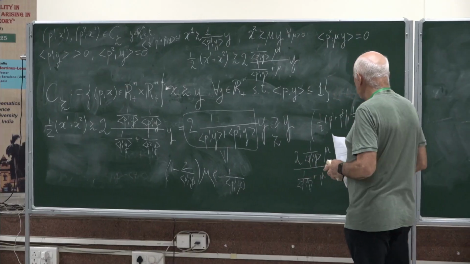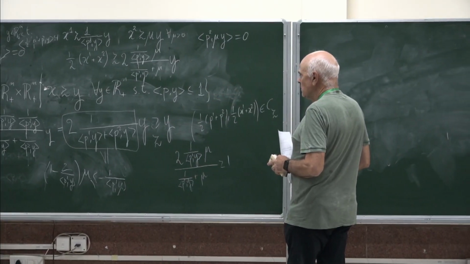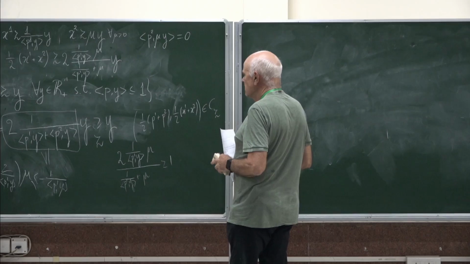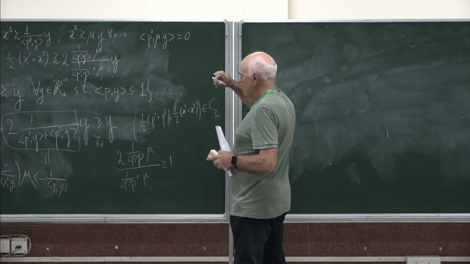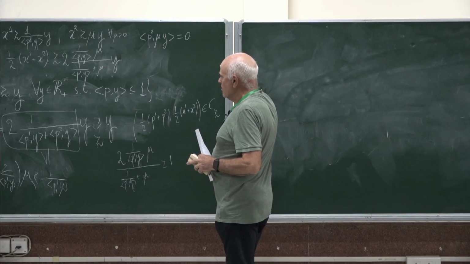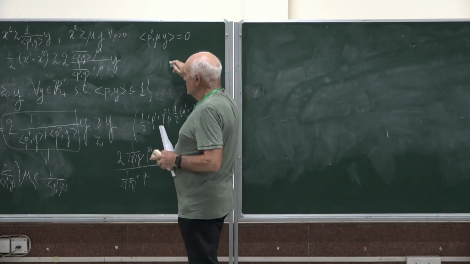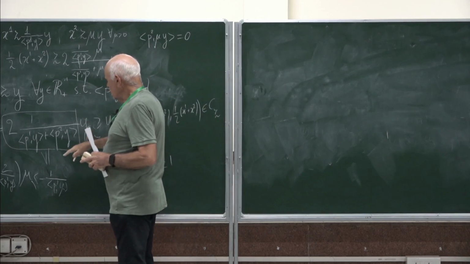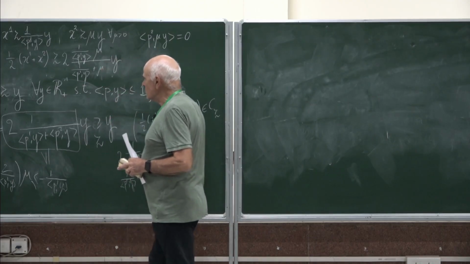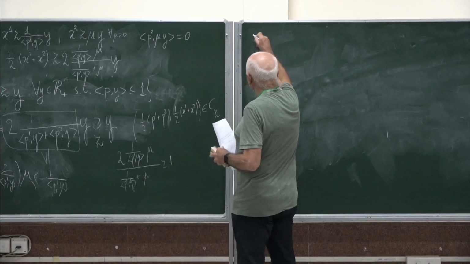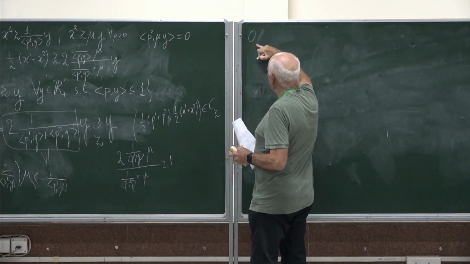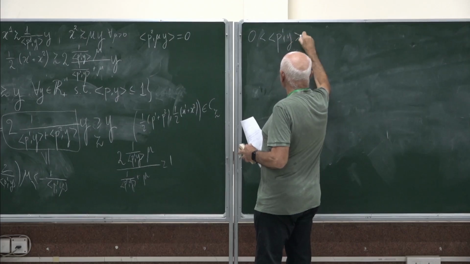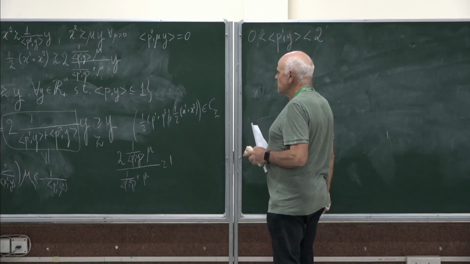So the condition is, so what happens when, we saw that this doesn't work when P1y is equal to 2. So let's assume now that P1y is strictly less than 2.